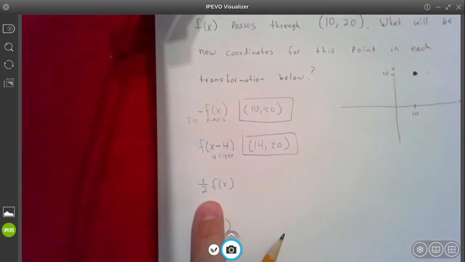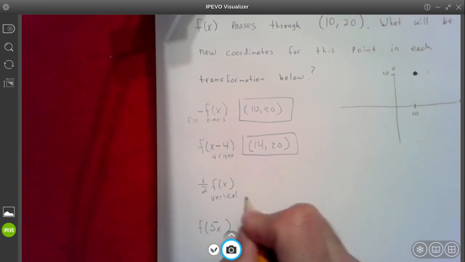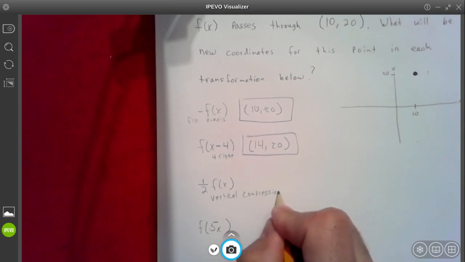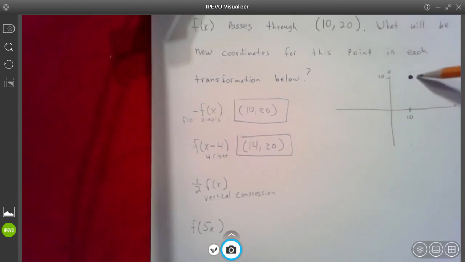All right, 1/2 f of x. All right, this one is a vertical compression. All right, we're multiplying the outside by a small number. And so what this is going to do is it's going to take every point on the function and it's going to smush it down. It's going to compress it towards the x-axis.